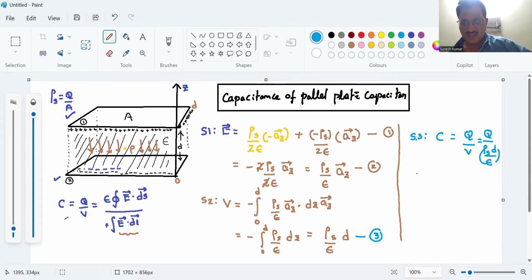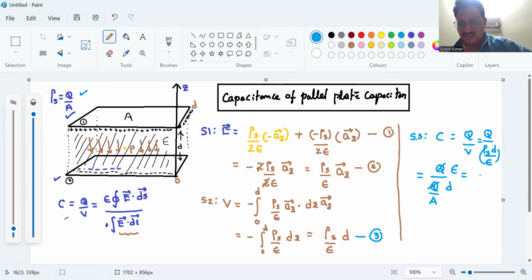Substitute, which is equal to, what is the value of rho s? Initially we have considered here, that is Q by A. Q by A into d, the epsilon will go to the numerator, and this Q gets cancelled.